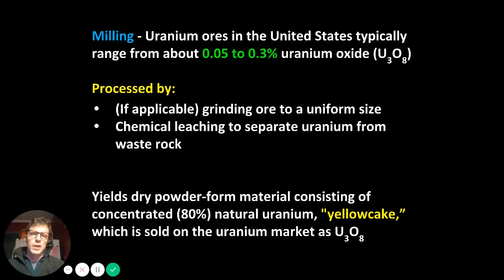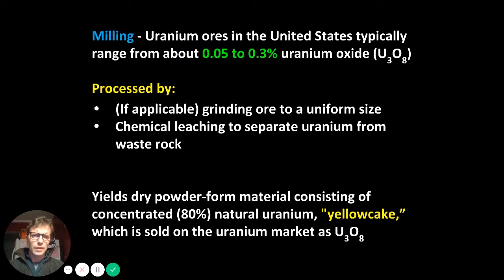So once uranium is mined, whether that's in a rock form or through in situ leaching, it goes through what's called milling. And the whole point of milling is to increase the concentration of uranium in the end product. Uranium ores in the United States at least typically range from about 0.05 to 0.3% uranium oxide.